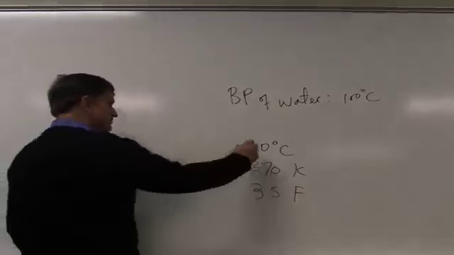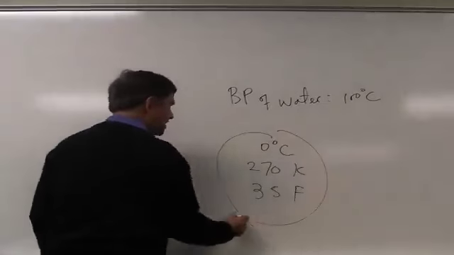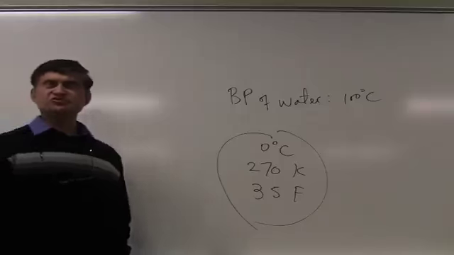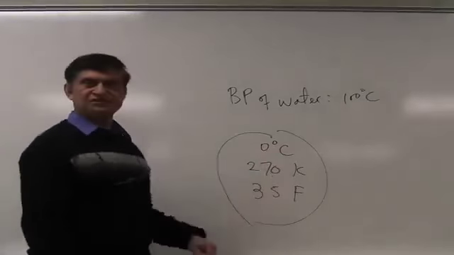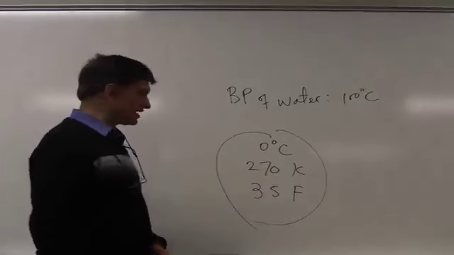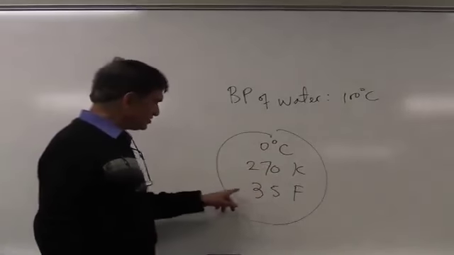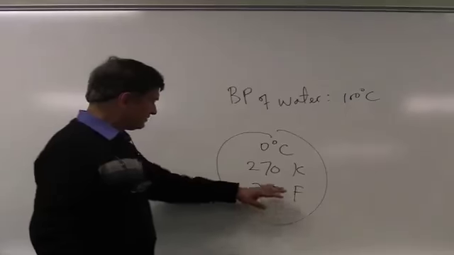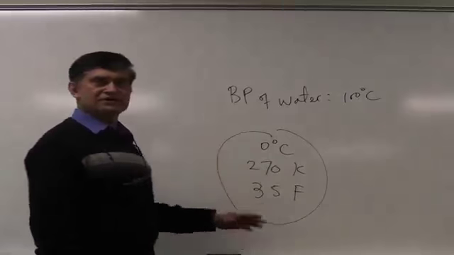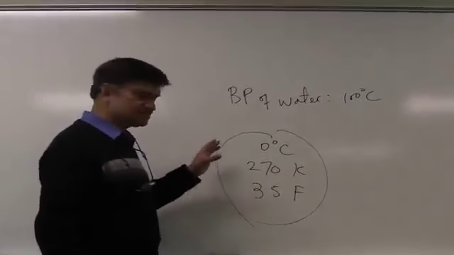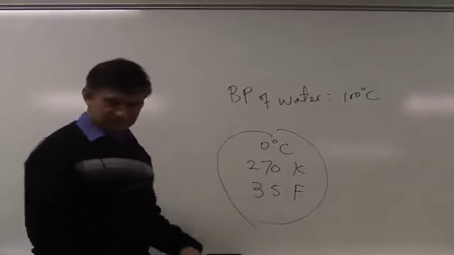If I give you these 3 figures and ask which one is the lowest and which is the highest, since these units are different, you can't rush into this answer. You need to make the conversion from Fahrenheit to centigrade or from Kelvin to centigrade, and then you can compare these numbers.